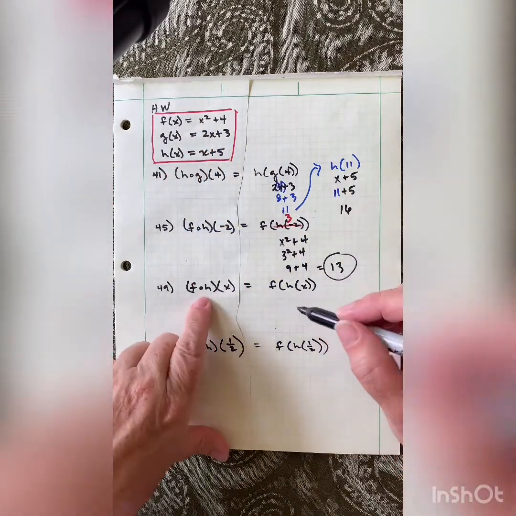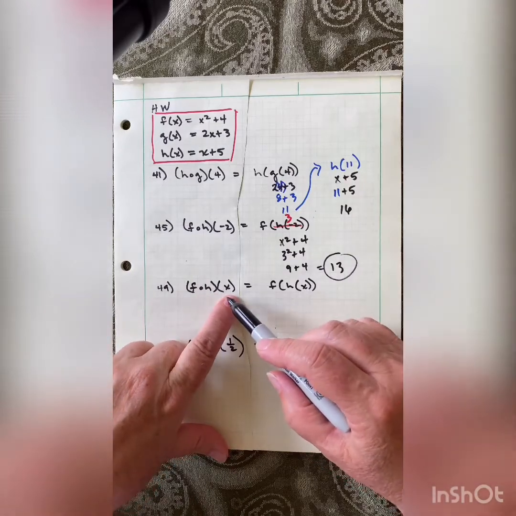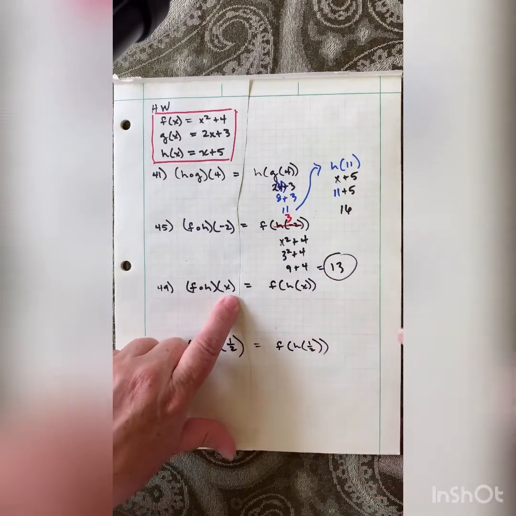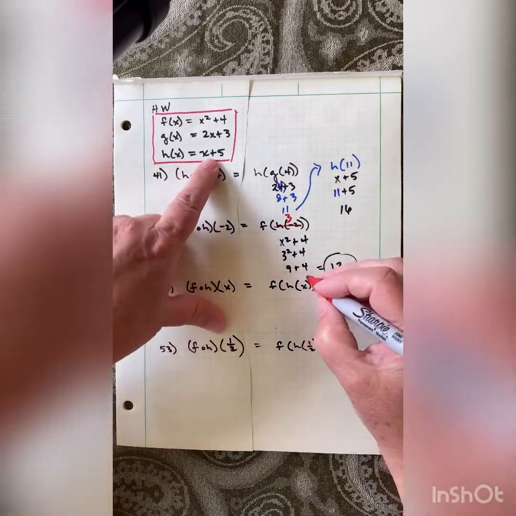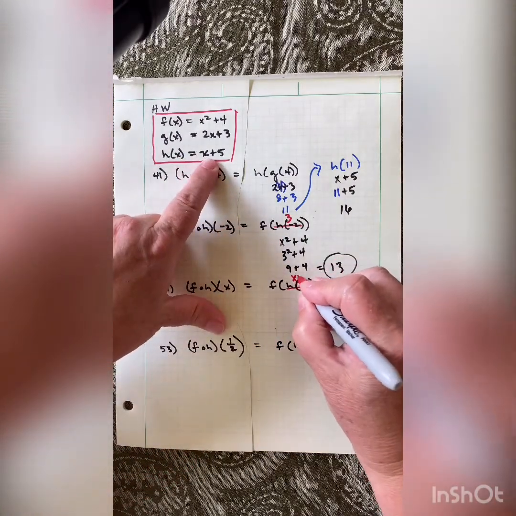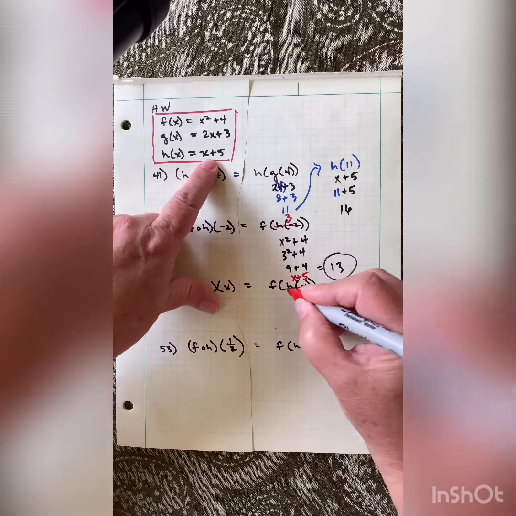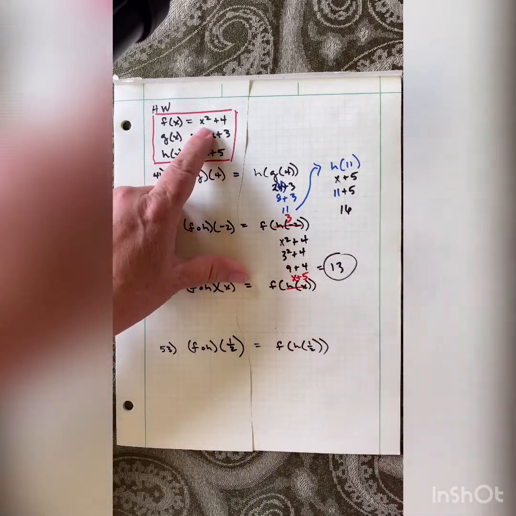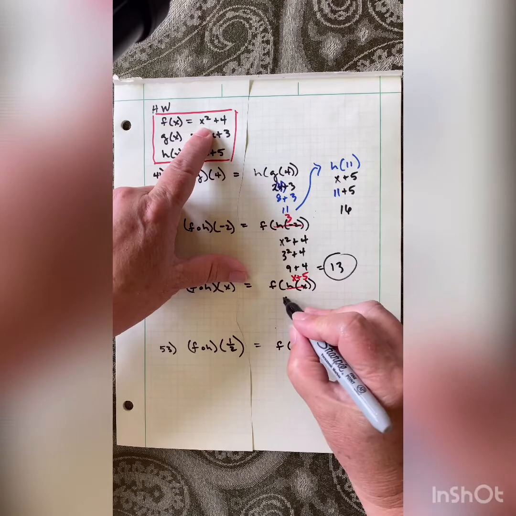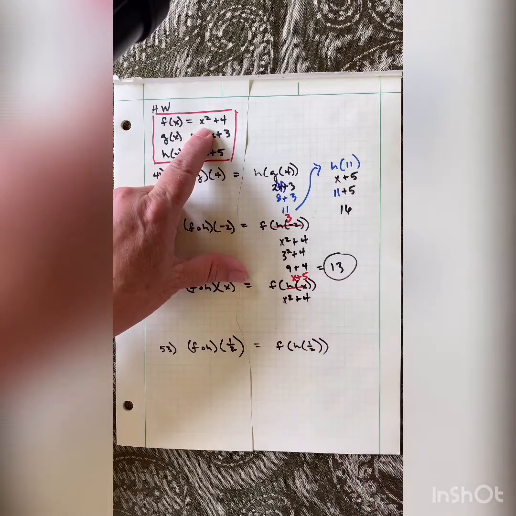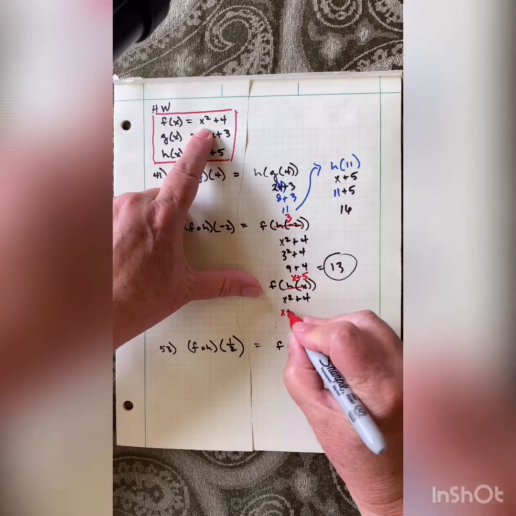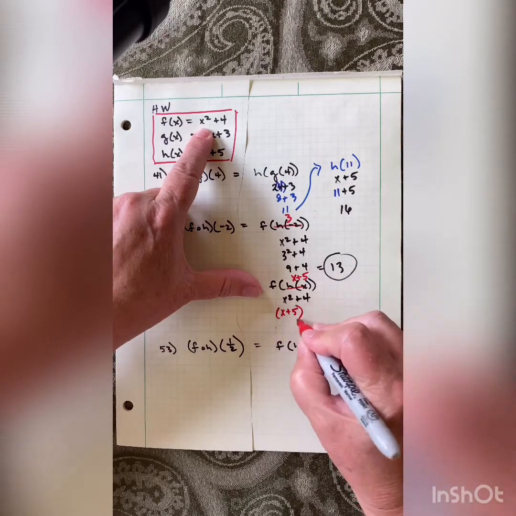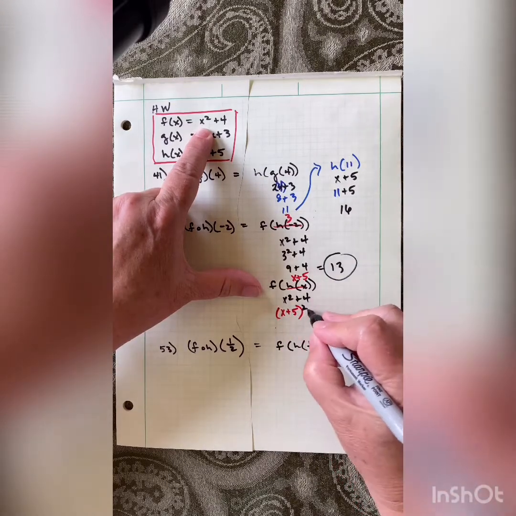All right, now we have this one here, and this time we're replacing x with x. So what is our h of x? h of x is x plus 5. All right, so go find f right up here, and I get x squared plus 4. It says every time you see an x, you're putting in x plus 5. Square it, plus 4.